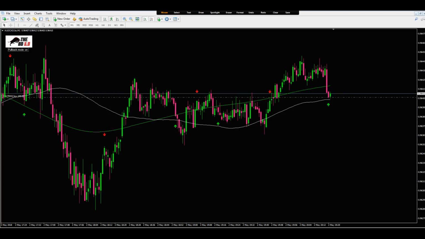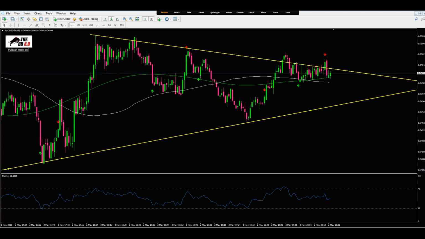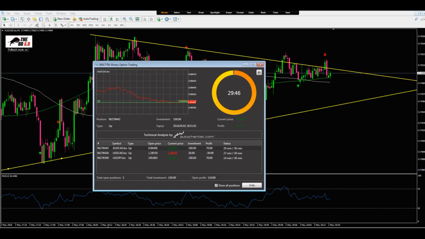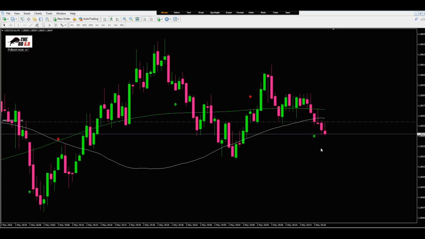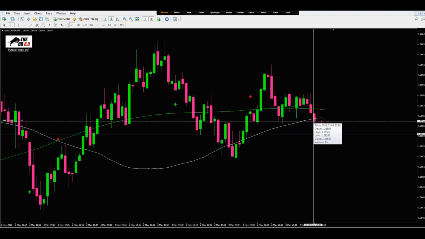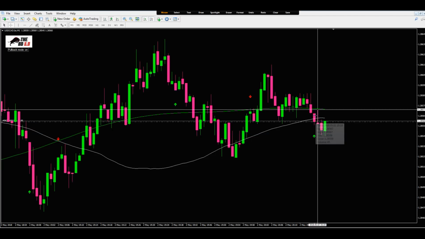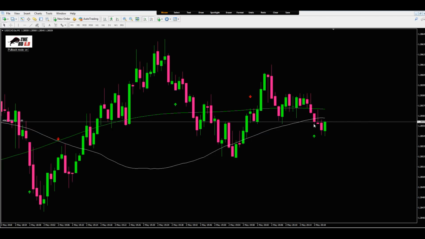We might actually lose, which one was it? USD CAD. So we might actually lose this trade because, like I was saying, it's half in and half out of the lines, which for me is a risky trade.